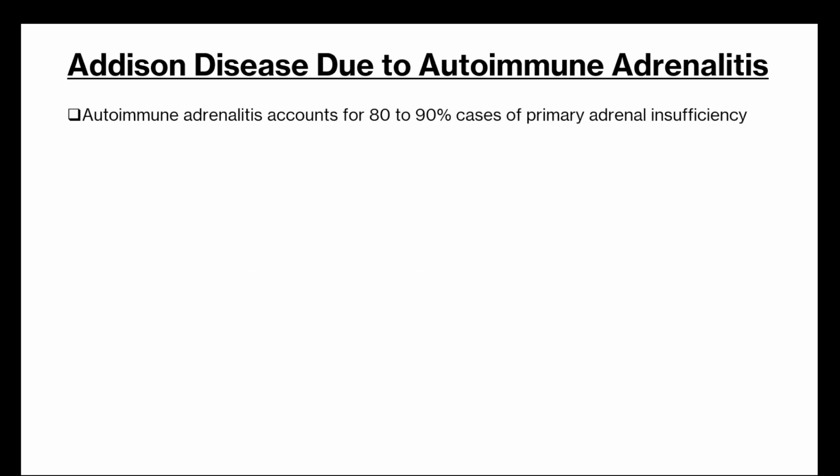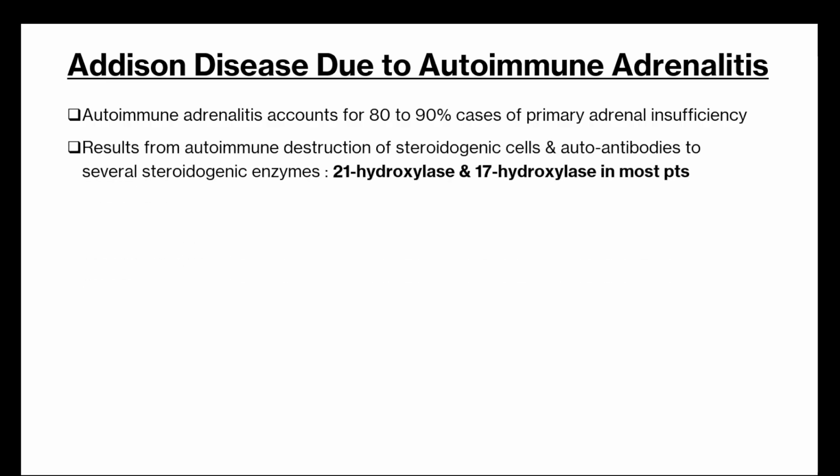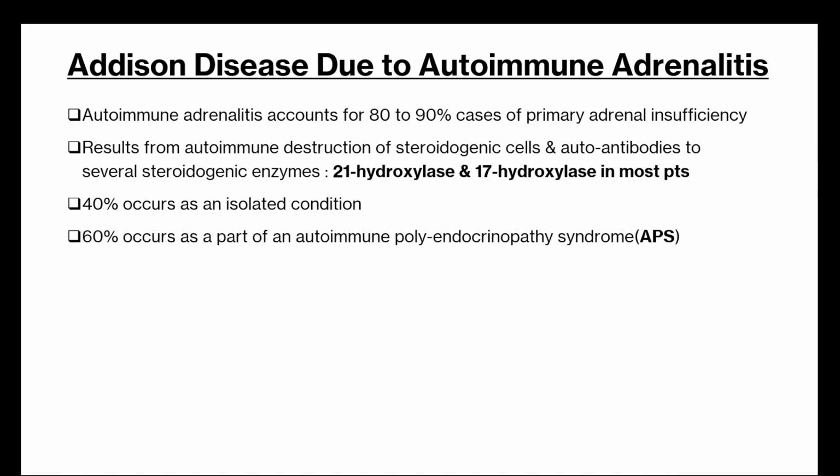This accounts for 80 to 90% of cases of primary chronic adrenal insufficiency, and this results from the autoimmune destruction of the steroidogenic cells and autoantibodies to several steroidogenic enzymes like 21-hydroxylase and 17-hydroxylase in most patients. 40% of cases of this variety of Addison disease occur as an isolated condition, while 60% present as a part of an autoimmune polyendocrinopathy syndrome (APS).